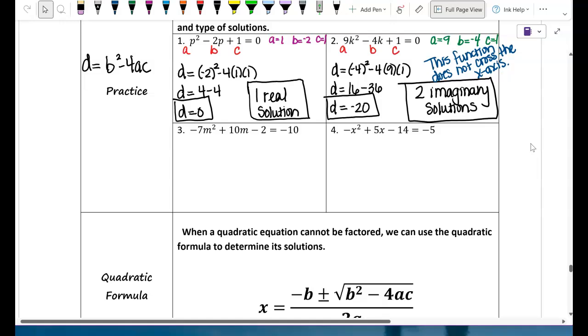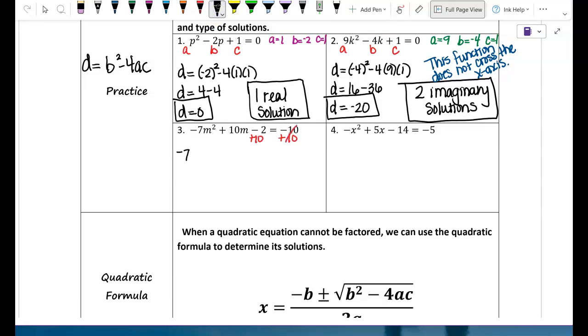So the first two were already equal to 0, so we didn't have to do any additional work. Now we're looking at negative 7m squared plus 10m minus 2 equals negative 10. I do not have one side equal to 0, so I need to add 10 to both sides to fix that.